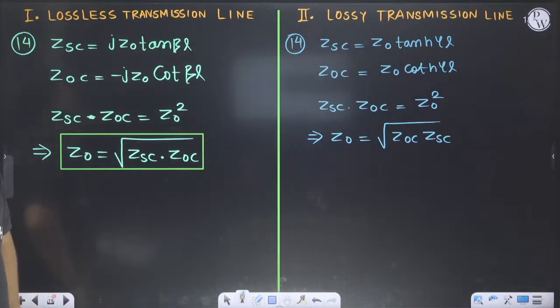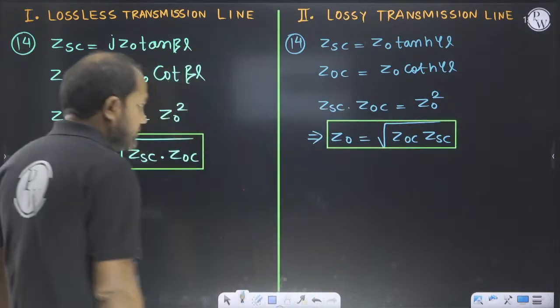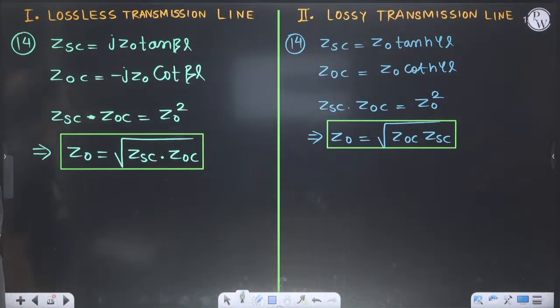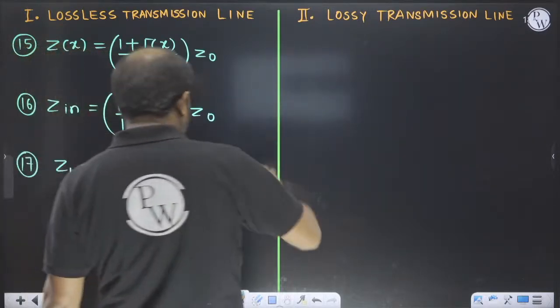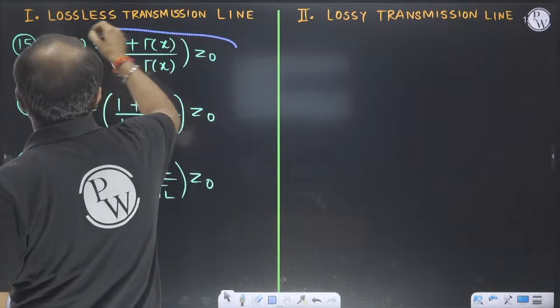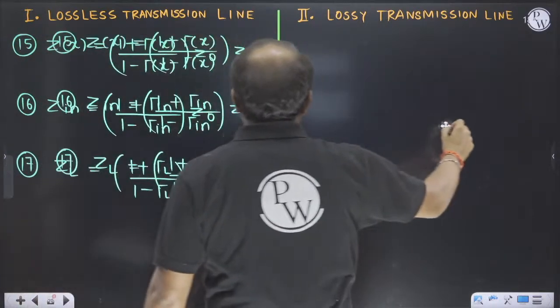This formula is valid for lossless and lossy transmission lines both. Then the 15th point, there is no change in the formula. We can write 15, 16 and 17, all the formulas are the same.